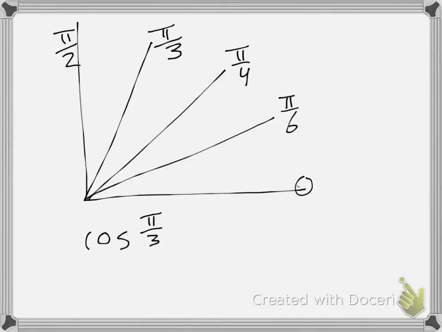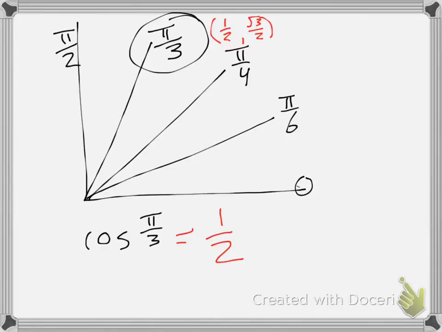It's here. What is the point associated with that? The unit circle tells us. That point would be, I do believe, 1/2, square root of 3 over 2. And cosine, which one, x or y? The x. And so therefore, the cosine of pi over 3 is 1/2. That's what we're going to have to do.